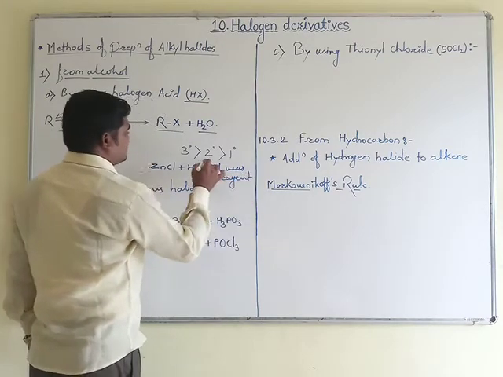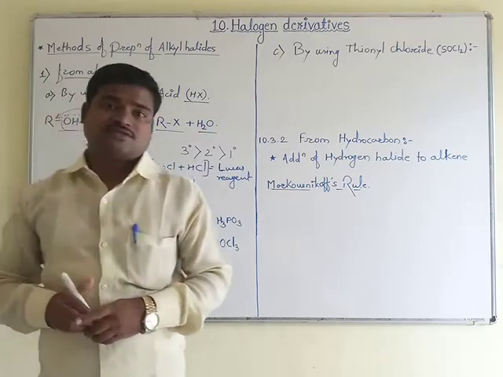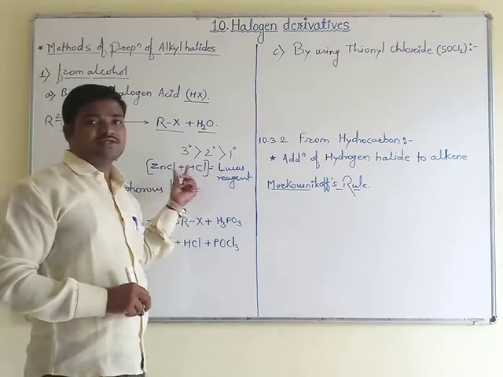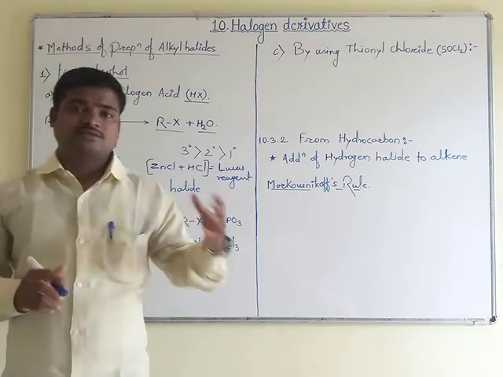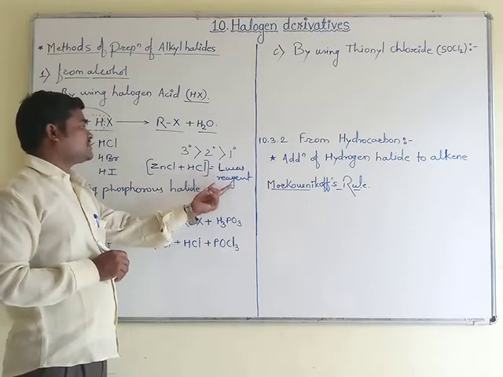In your JEE or CET or NEET examinations, the name of this reagent you have to keep in mind. This may be asked in your exam. So this combination is what we call Lucas reagent.